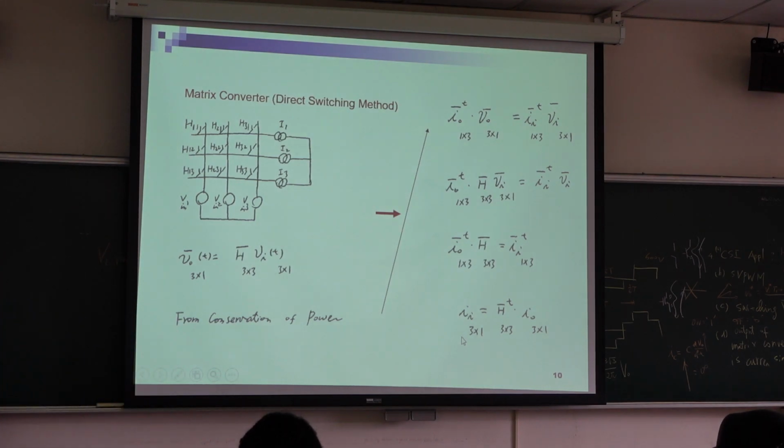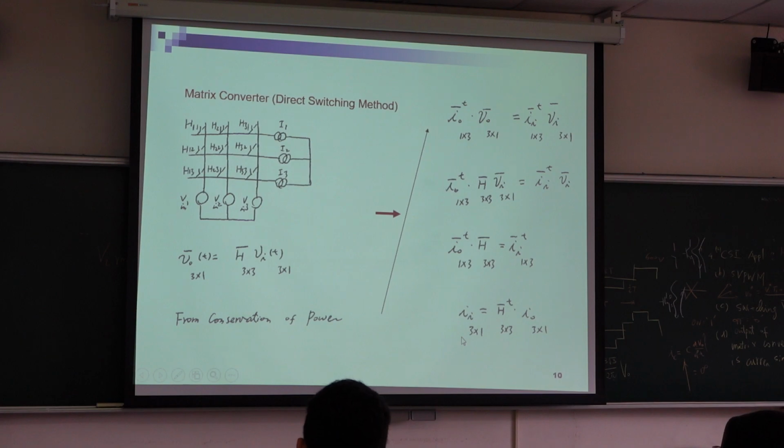So what is the advantage of the matrix converter? First, it has bidirectional power flow. The power can go from input to output, and it can go from output to input. And it is one stage. If you use AC to DC, then DC to AC, it is 2 stages.